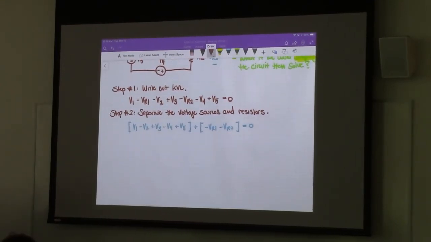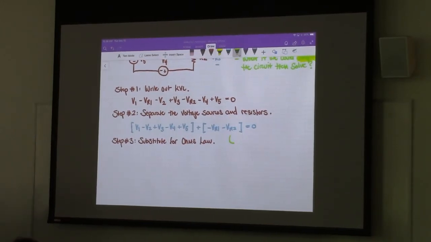Next, I'll make my substitution for Ohm's law, which is essentially going to tell us that this is equal to IR2, and the other one is going to be IR1.